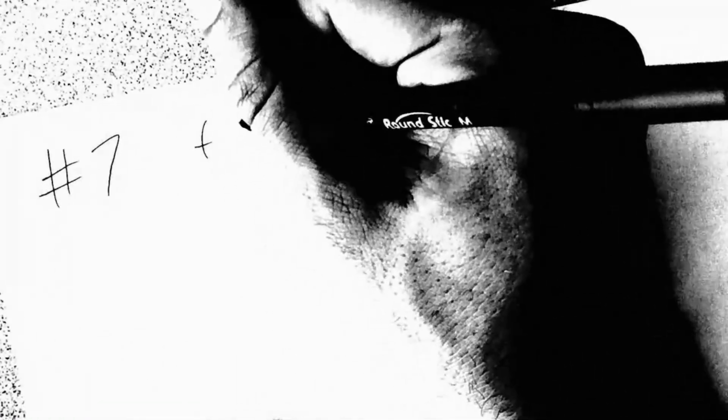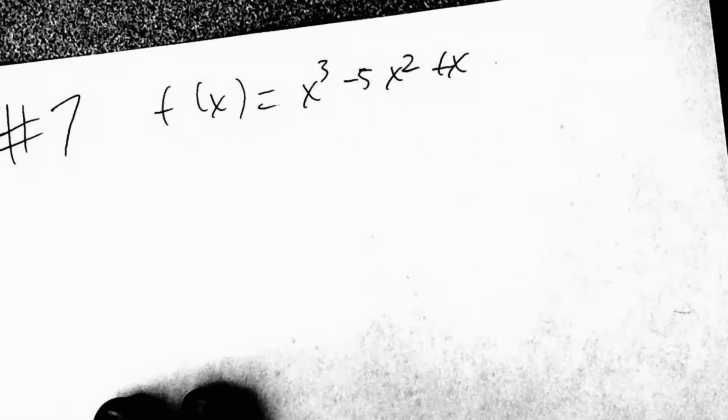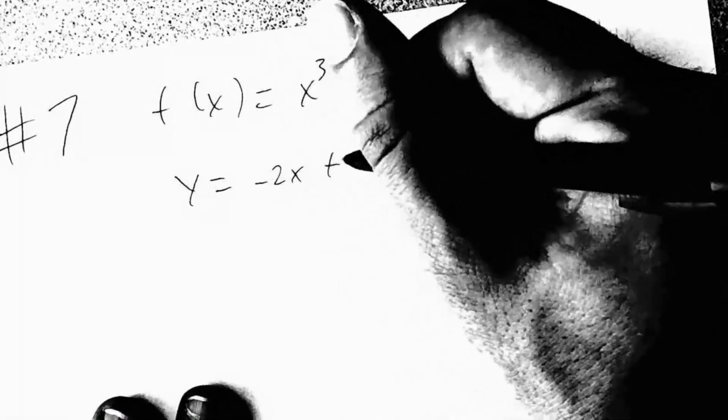Number 7 is saying, determine where, if anywhere, the tangent line to f of x equals x cubed minus 5x squared plus x is parallel to the line y equals negative 2x plus 23.